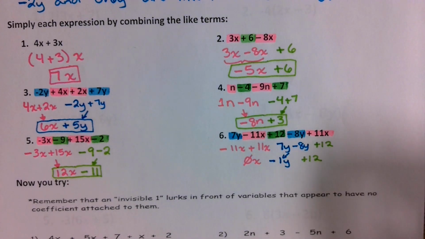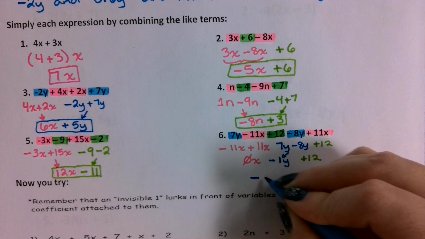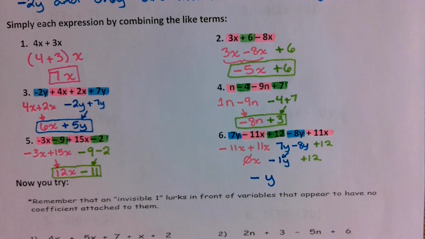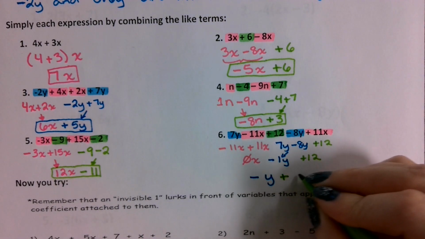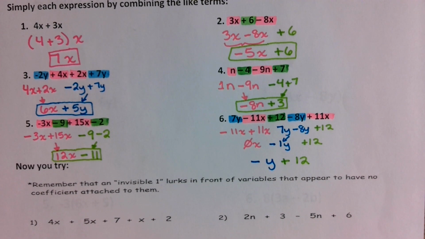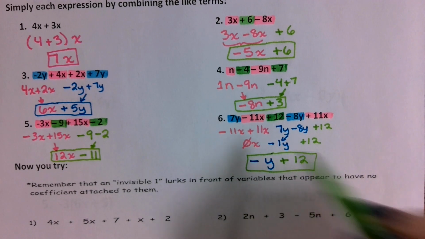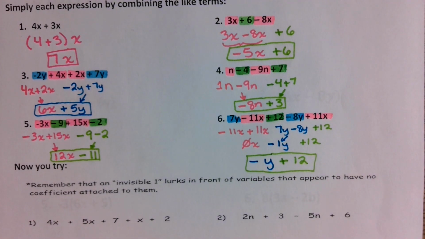So when you see it as an answer, it's actually going to be written as negative y plus 12. That would be the official format that they would write as an answer on a test or a quiz or on an assignment. What would be accepted? When you have a 1, you don't have to write the 1. But if you have a negative, you have to write the negative.